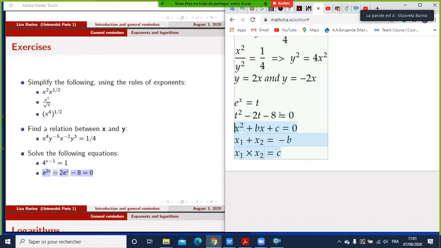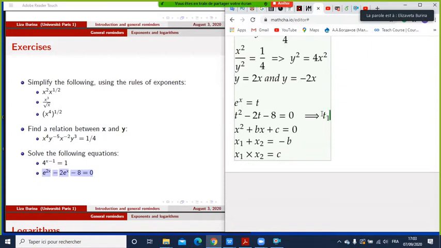And now let's get back to our t, right? So let me write it here. In our case, t1 plus t2 is going to be equal to 2, okay?